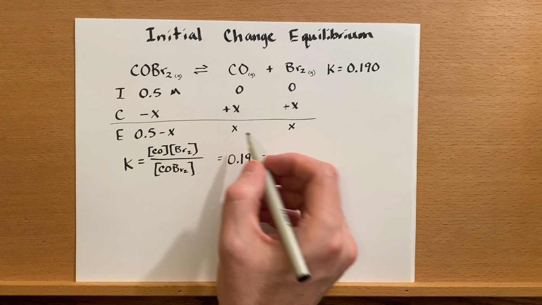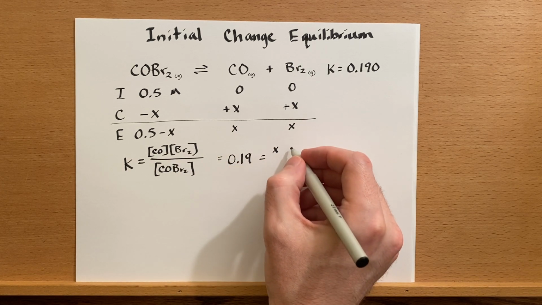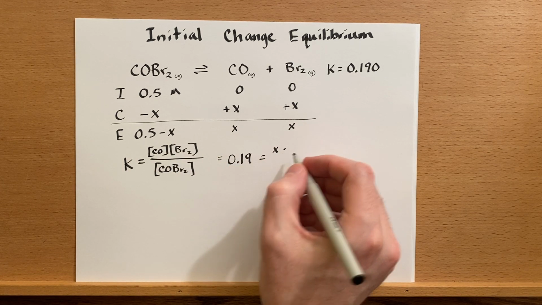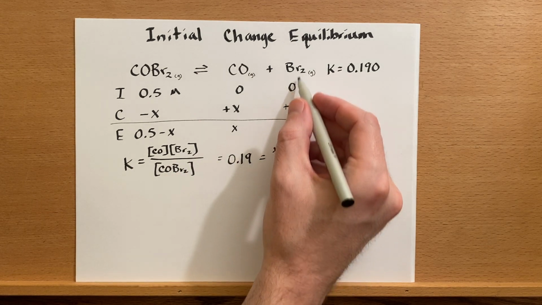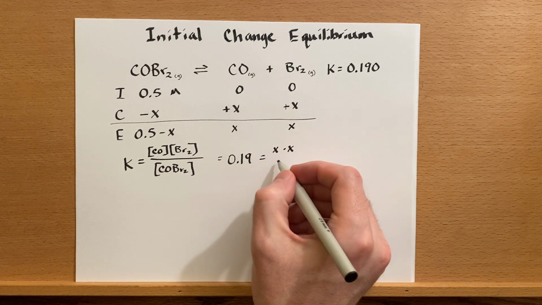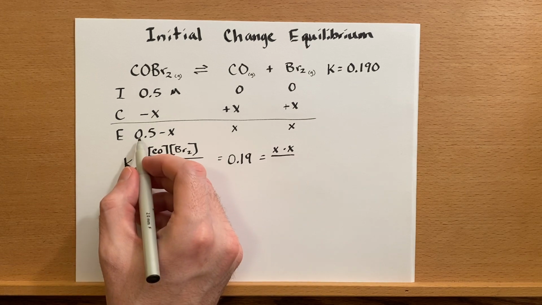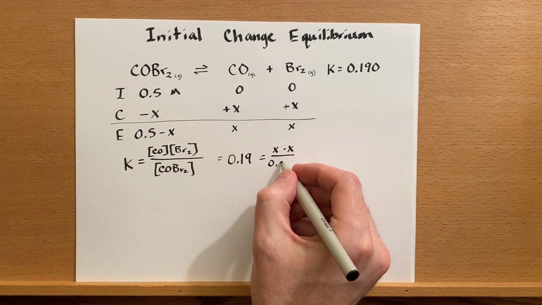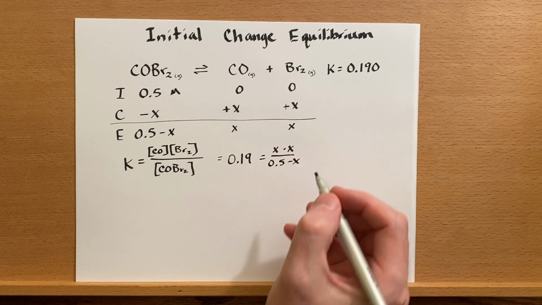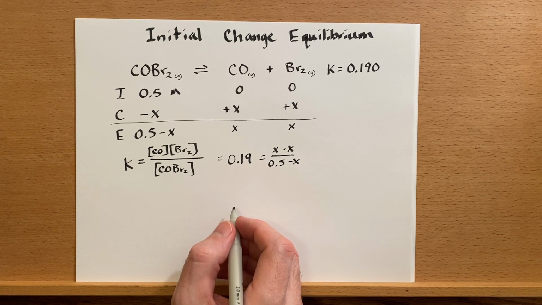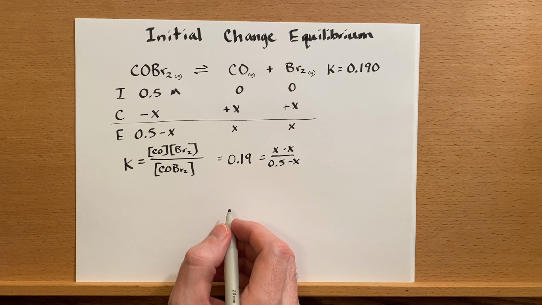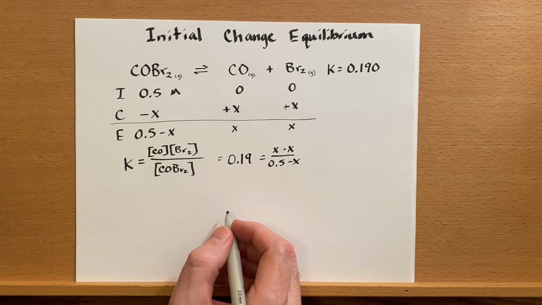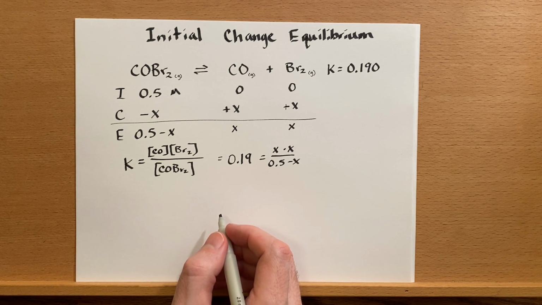the concentration of CO, that's X, and then we're going to multiply that by the concentration of Br2, that's also X, and then we're going to divide by 0.5 minus X. Now we just need to solve for X, which admittedly is a little bit annoying in this case because we need to use the quadratic formula, but I'll go through that for you here.